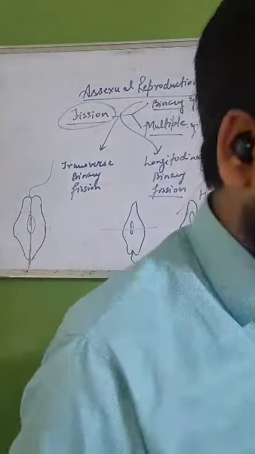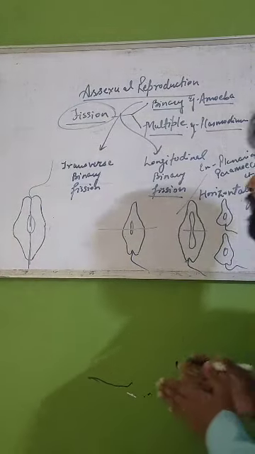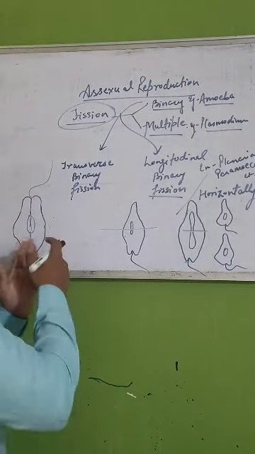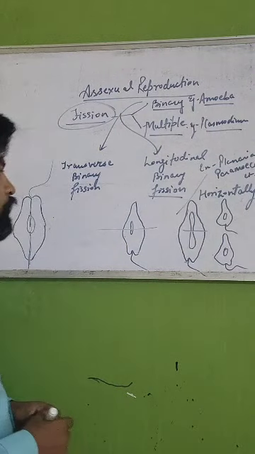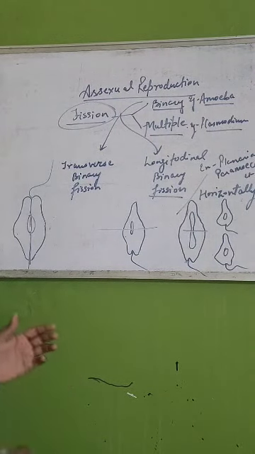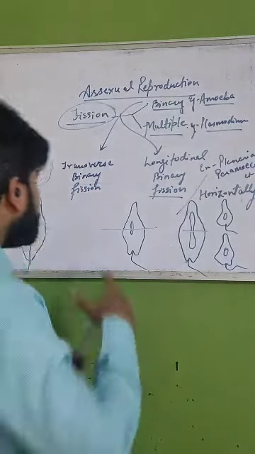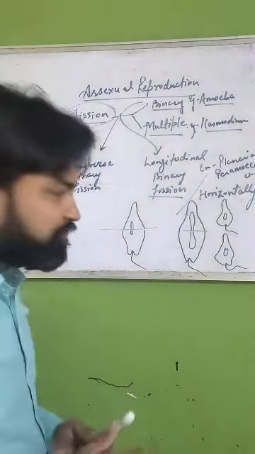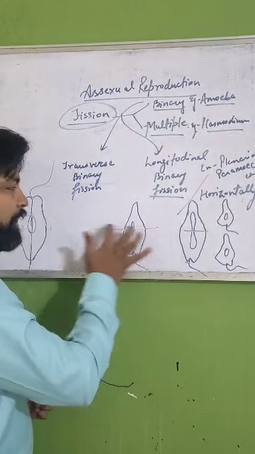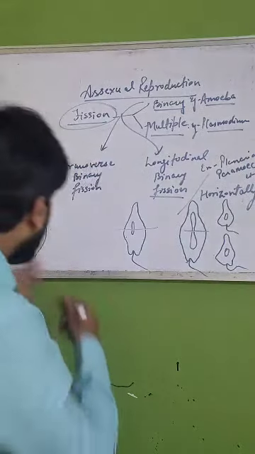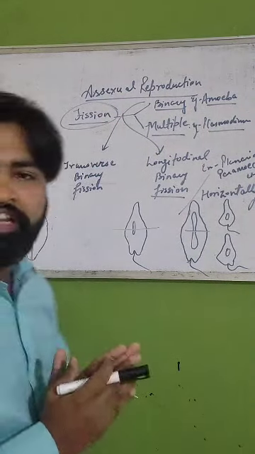See, one thing you have to keep in mind is that whenever we talk about longitudinal division or transverse division, it simply means the division of the nucleus. Here the nucleus is divided horizontally and here the nucleus is dividing longitudinally.